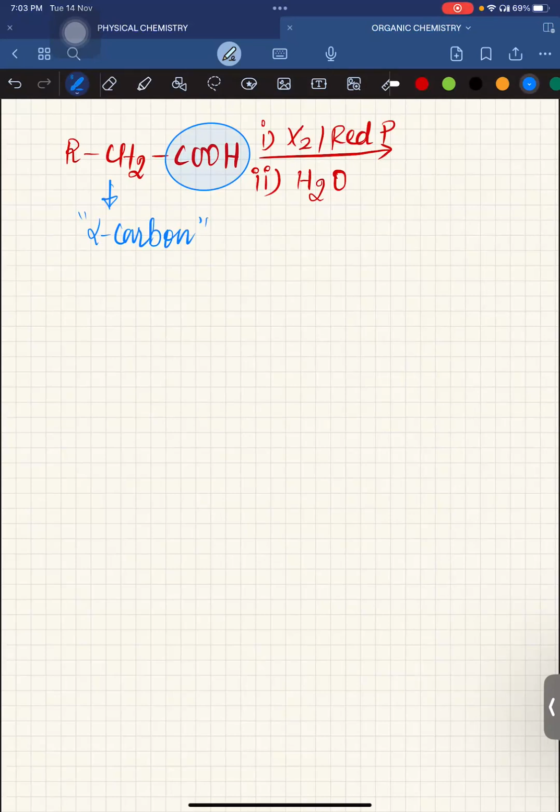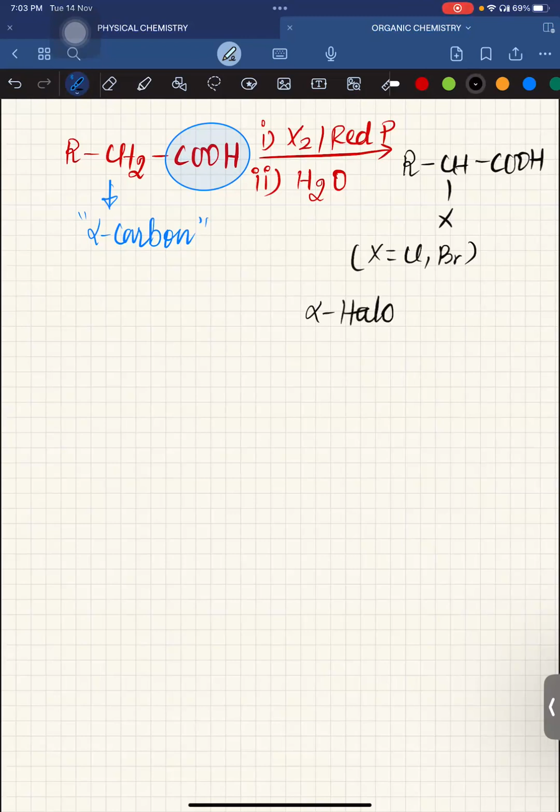One of the alpha hydrogens will be replaced by this X, where X is chlorine or bromine. We can call it alpha halo carboxylic acid. Very simple it is.